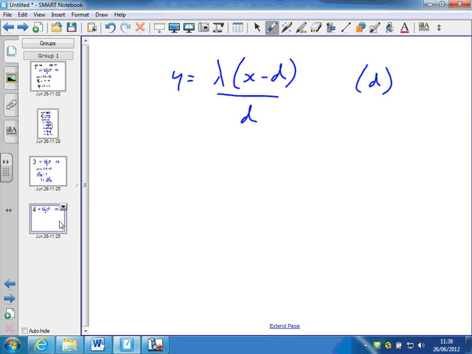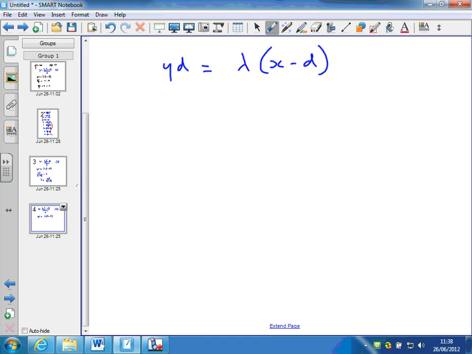Here's the solution. Multiply both sides by d. Now multiply out the bracket on the right-hand side. Now I want all terms involving d on the same side.